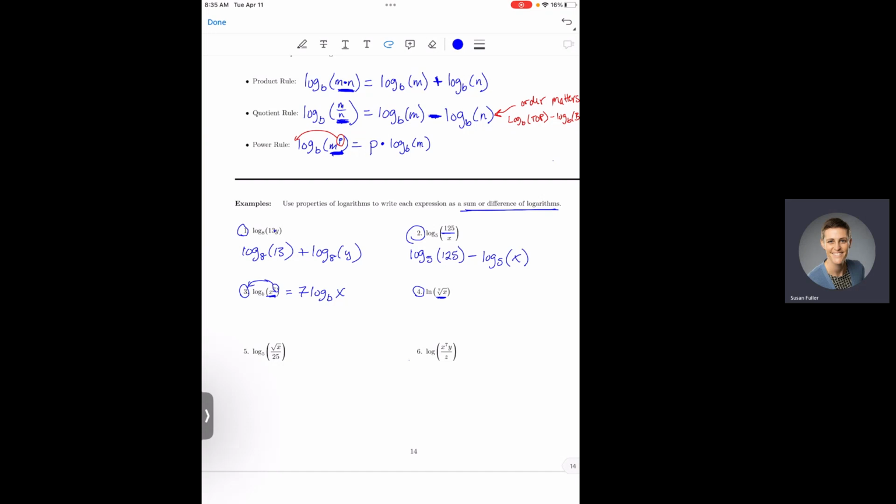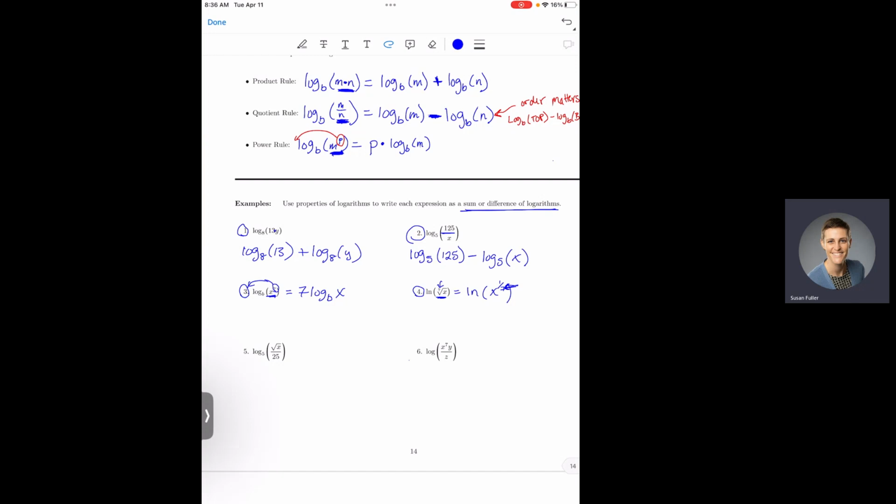Roots are fractional exponents. So this is actually ln, or that's log base e, you can write it that way if you like, of x to the 1/7 power. Again, the index of our radical is 7, so that's the number that's going to go on the bottom of this fraction here. So ln of x to the 1/7, that's how we write the 7th root as an exponent.